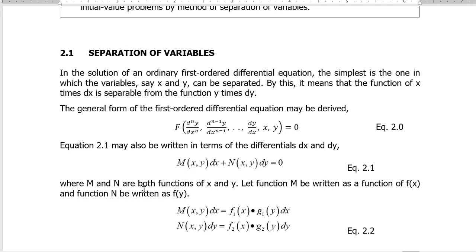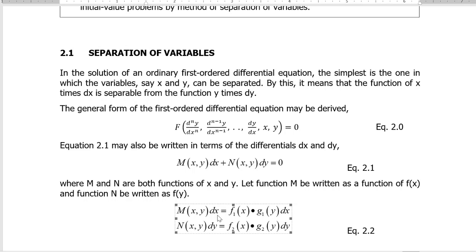Where M and N are both functions of x and y, let function M be written as a function of x and function N as a function of y. We can say it is separable when, first, M(x,y) dx is a function that can be written as f1(x) times g1(y) dx.